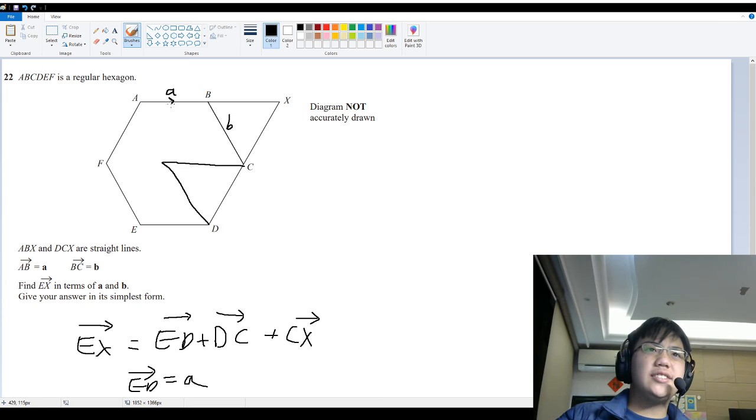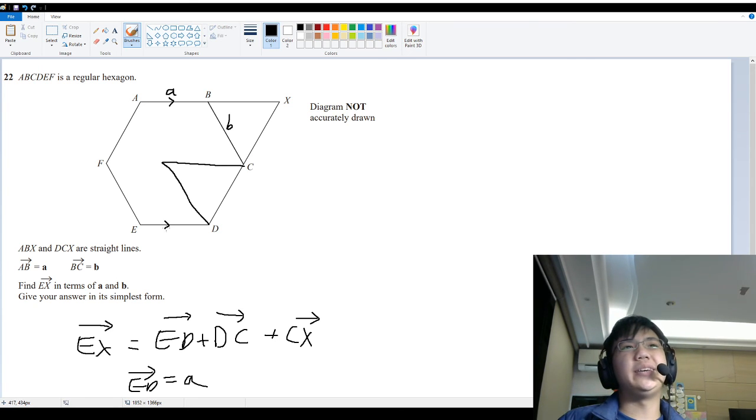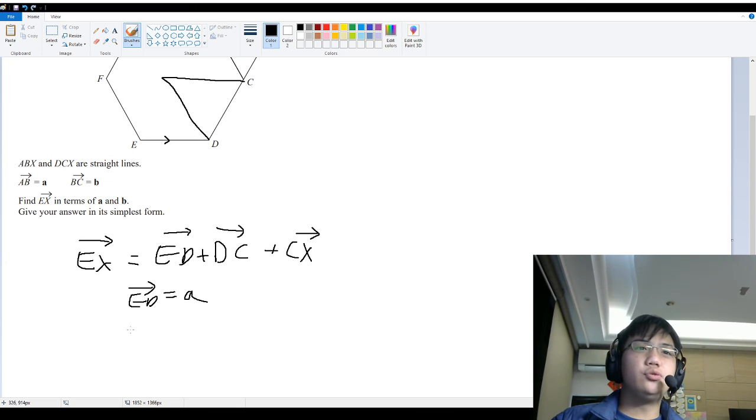Since this vector and this vector are virtually the same, E to D can be written as a.